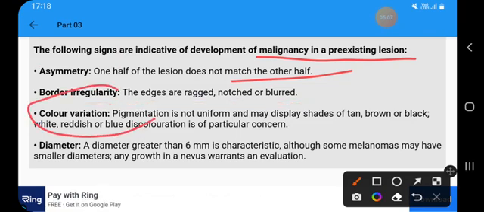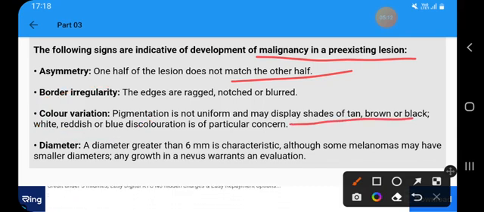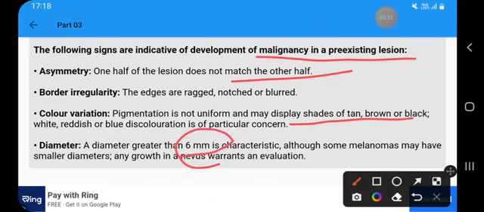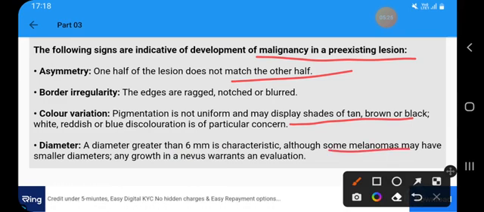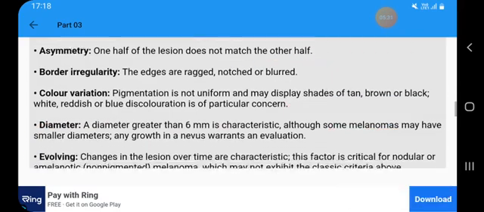Color variation: pigmentation is not uniform, and may display shades of tan, brown, or black, white, reddish, or blue. Discoloration is of particular concern. Diameter: a diameter greater than 6 millimeters is characteristic. Although some melanomas may have smaller diameters, any growth in a nevus warrants an evaluation.